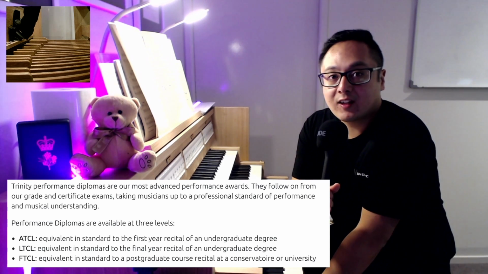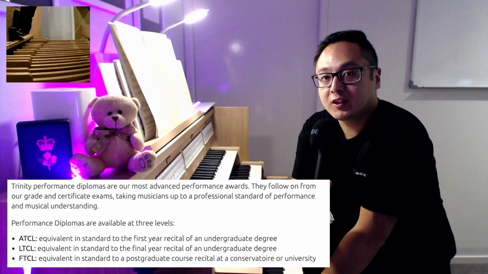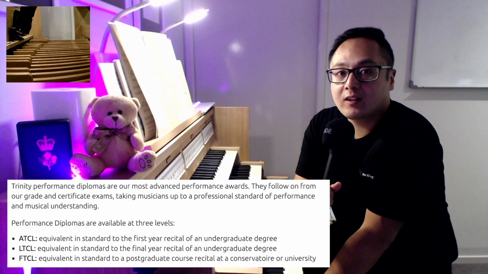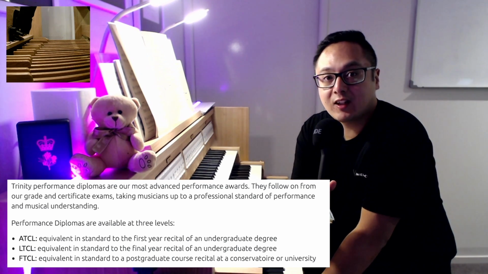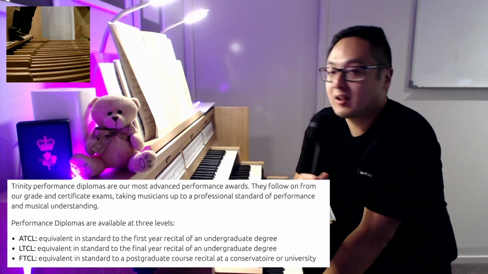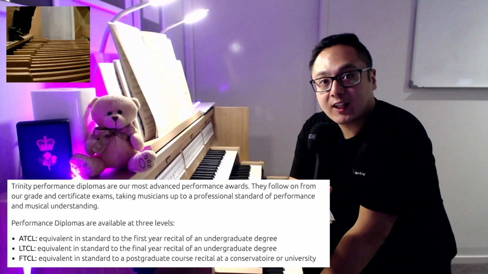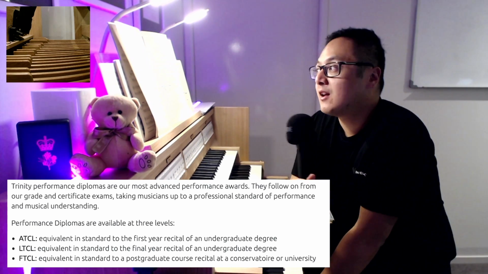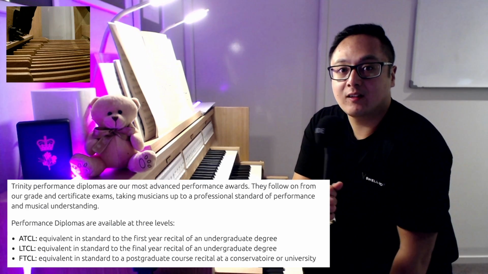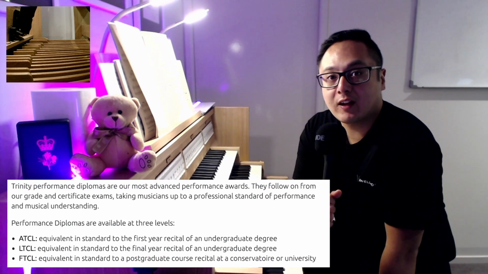So the ATCL is the Associate of Trinity College London, and that's equivalent to a performance standard of the first year of an undergraduate degree. The LTCL is the performance standard of the final year of a bachelor's degree, and the FTCL is the performance equivalent of a master's degree.